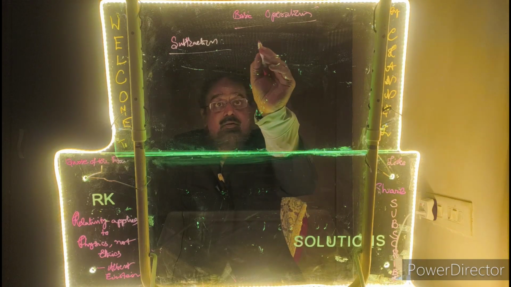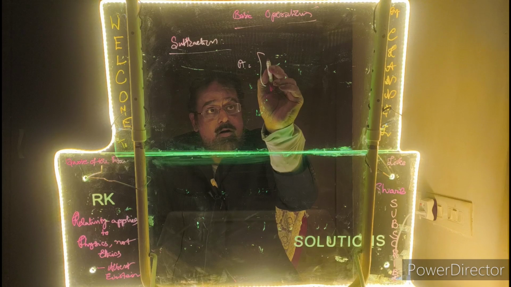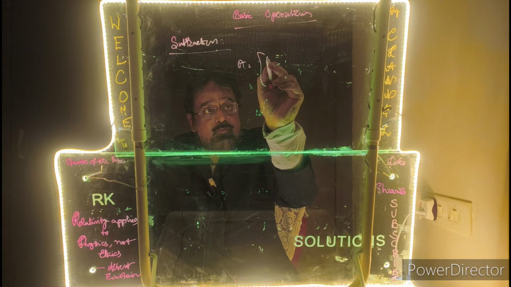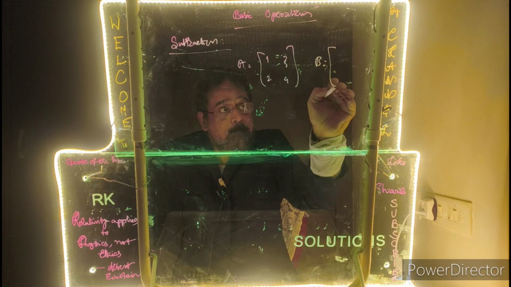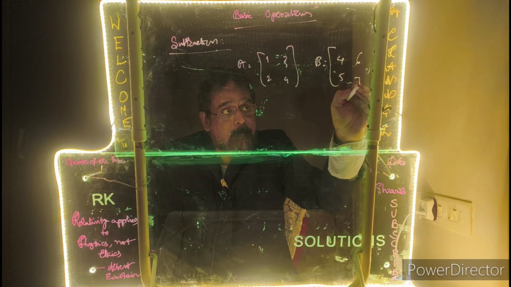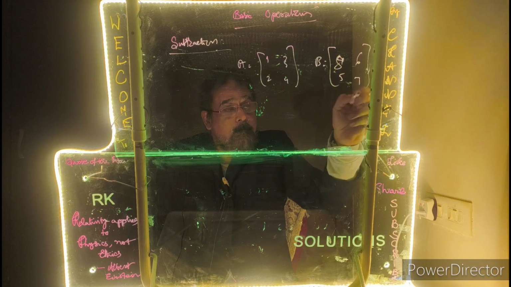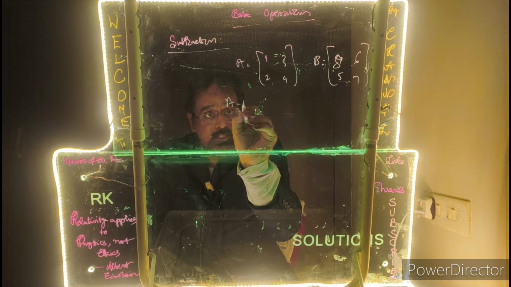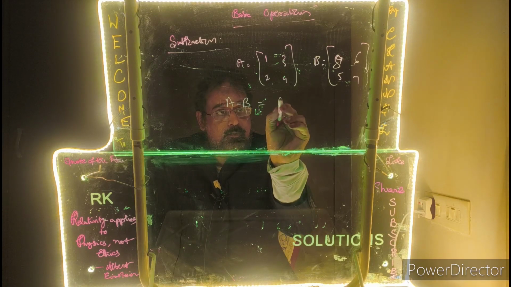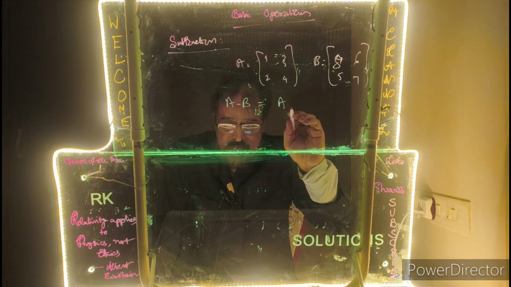Subtraction: if A equal to 1, 2, 3, 4 and B equal to 5, 6, 7, 8, then A minus B, we convert it into simple addition.